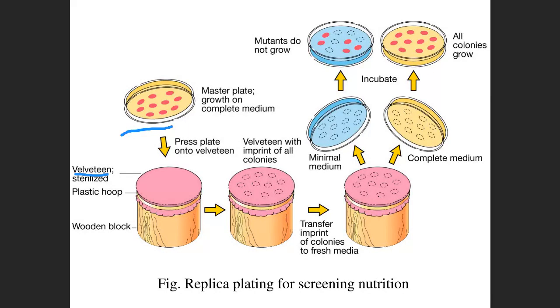Now the colonies are on the cloth, and then you put a clean, sterile petri dish on here. One is the minimal media, one is a complete media. A complete media will have everything, all the amino acids, and the minimal media has no added amino acids, right? So the trp minus will not be able to grow here.